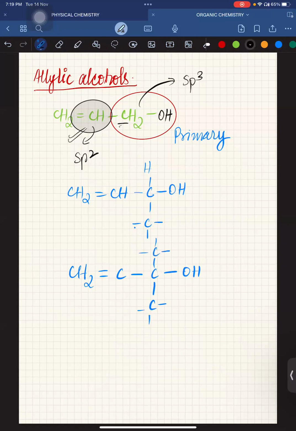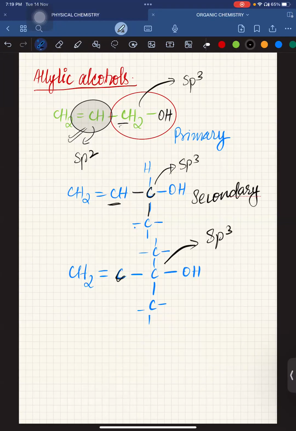Very simple. If you check, this is sp3 and the adjacent one is doubly bonded, so this is also allylic, but on the basis of degree it is secondary, because this carbon is connected with two carbons. In the same way, this is sp3 and this is sp2 doubly bonded, and this is tertiary. I think it's clear to both of you.